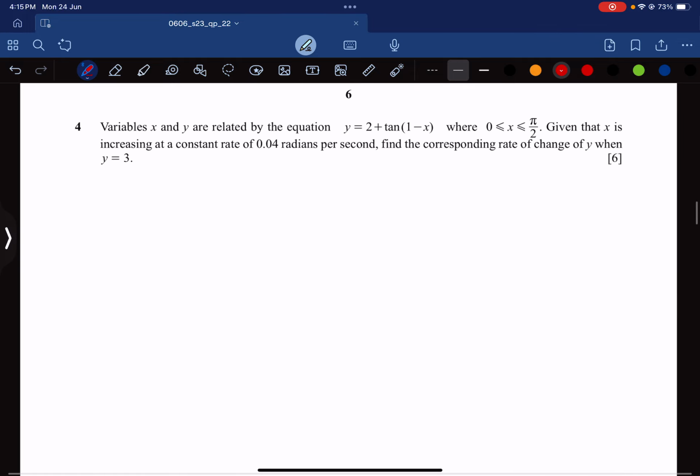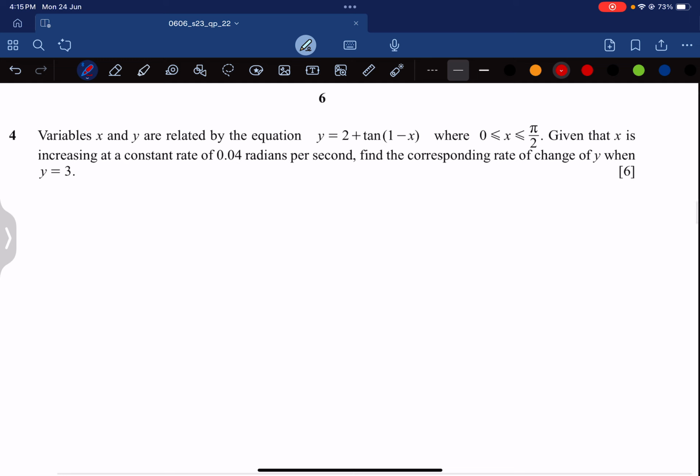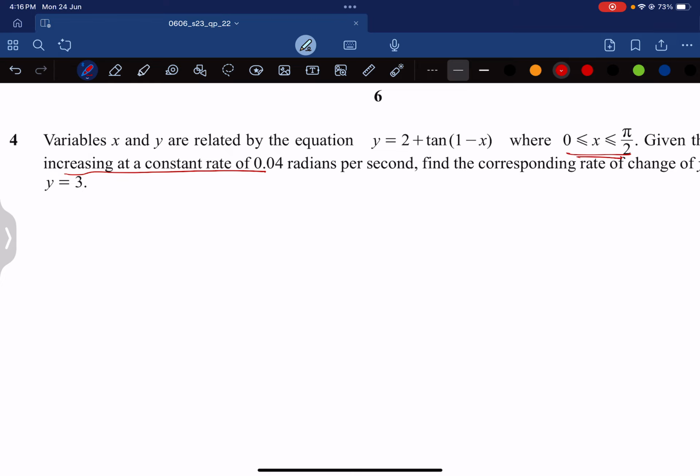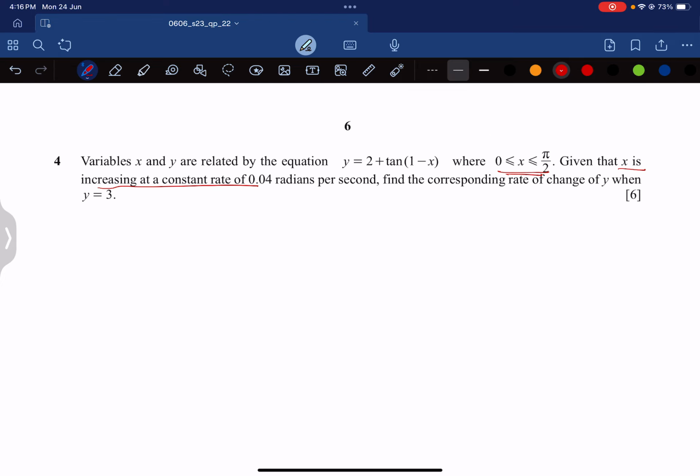Variables x and y are related by the equation y equals 2 plus tangent(1 minus x), where x is within the first quadrant. Given that x is increasing, for this kind of question we need to translate the sentence from English words into mathematical equations.